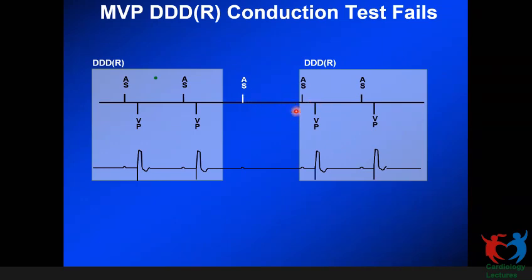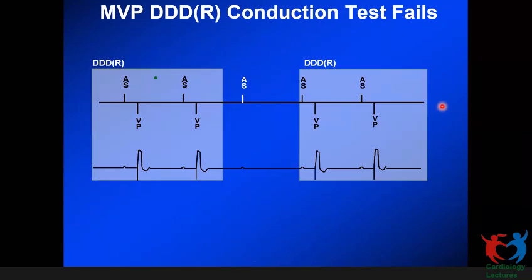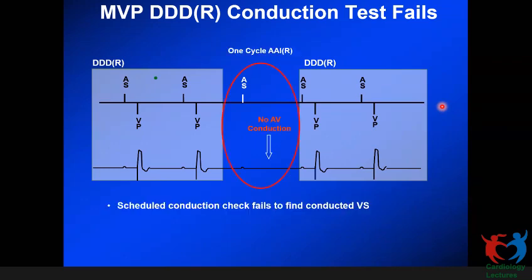Here it did not find an AV conduction, so it continues to remain in a DDDR mode. And it will attempt it 2 minutes later, 4 minutes later, like this. And if it finds an AV conduction, then it will go back to AAI mode. By repeating this cycle, every time it finds AV conduction, irrespective of the length of the AV conduction time, it will not pace the ventricle unnecessarily. You can greatly minimize ventricular pacing. That's MVP mode.